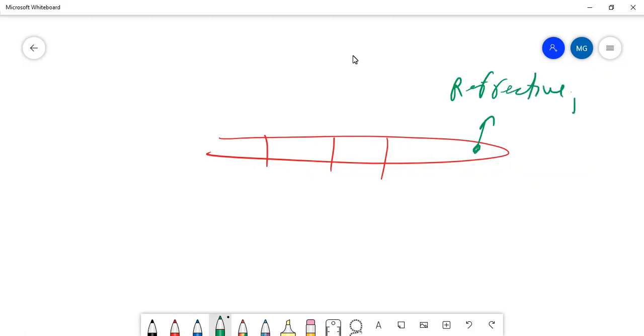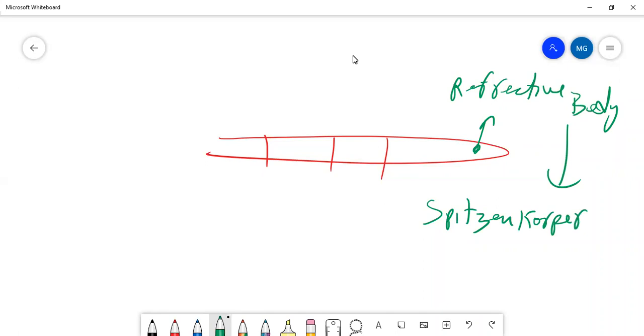They are found to have a refractive body, and this refractive body is called Spitzenkörper. क्या नाम है इसका? This is Spitzenkörper. This is normally found near the fungal apex. What is the use? No idea. इसका काम क्या है हमें नहीं पता. What is the use of this?